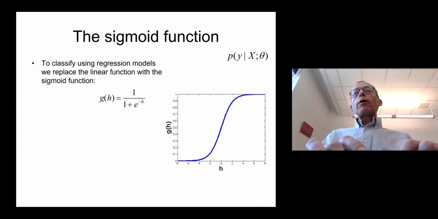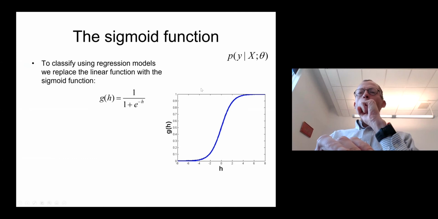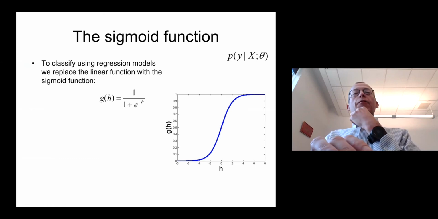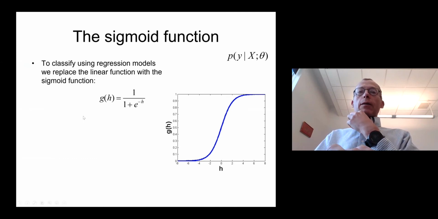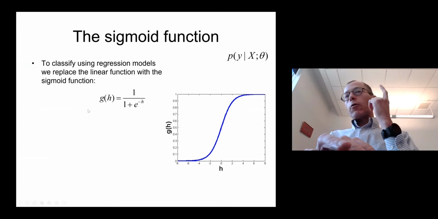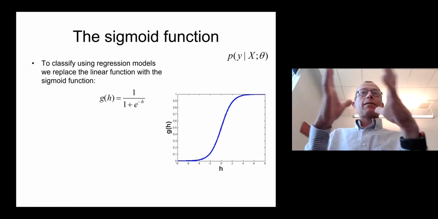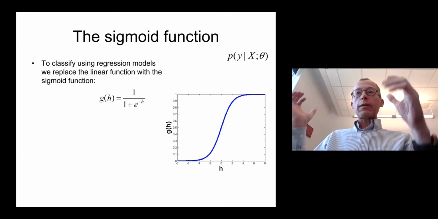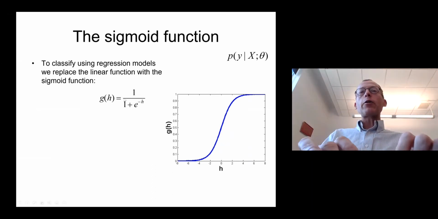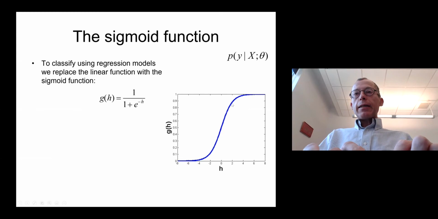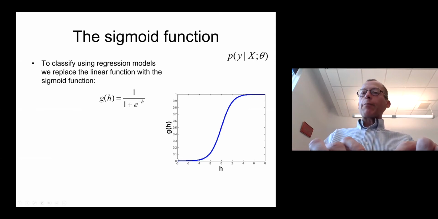For that, I'm going to introduce a new function, and then I'm going to say how we can use it for regression. The function that we'll use is called the sigmoid function, and it's a function of one value h. Of course, h can be computed as something else, but given the value h, this is the function. You can see a few things about this function.